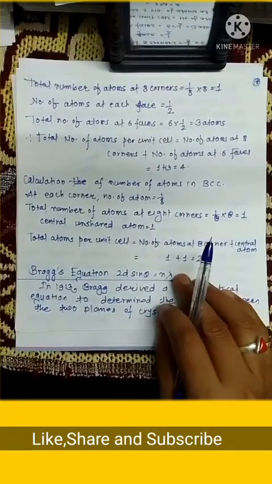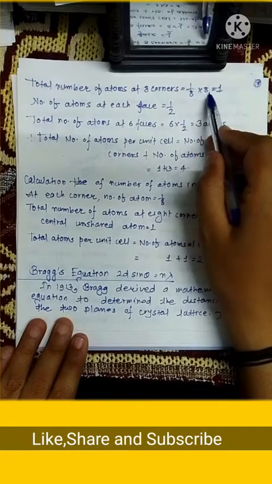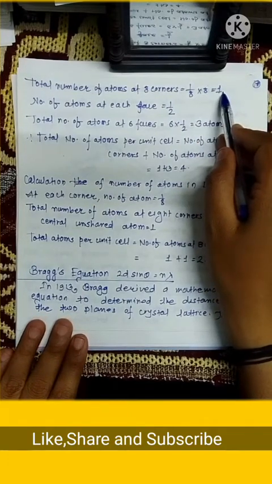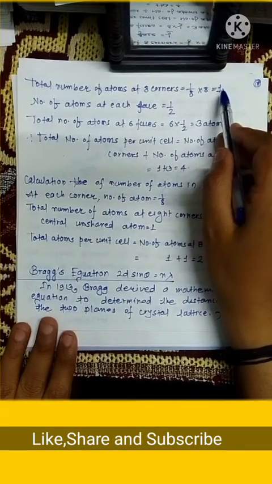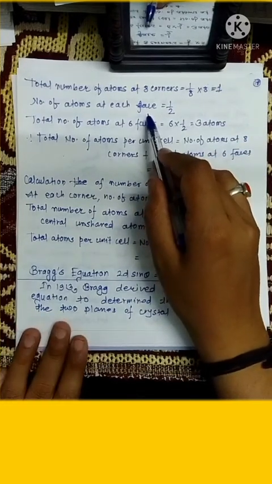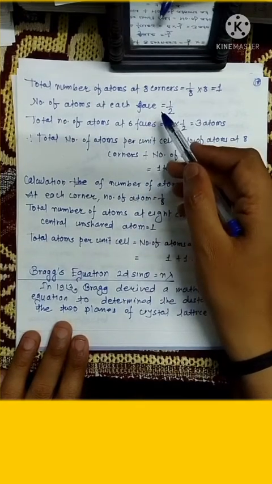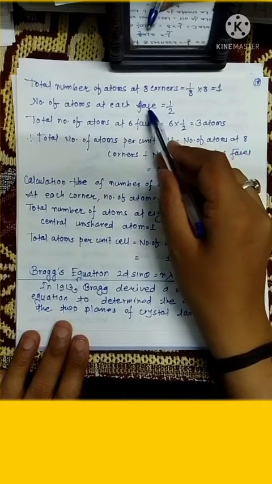So the total number of atoms at the 8 corners is equal to 1 by 8 multiplied by 8, that is equal to 1.